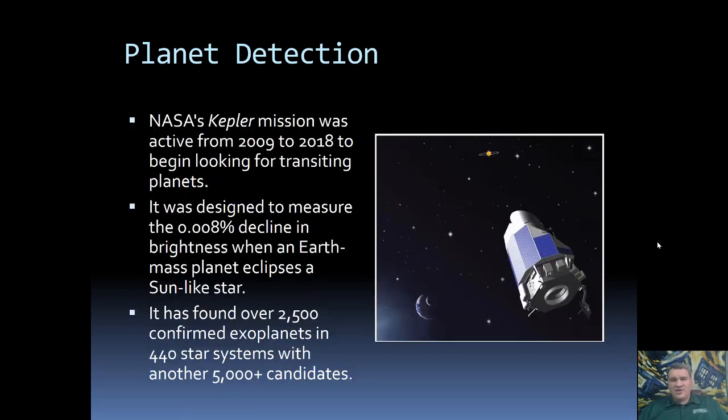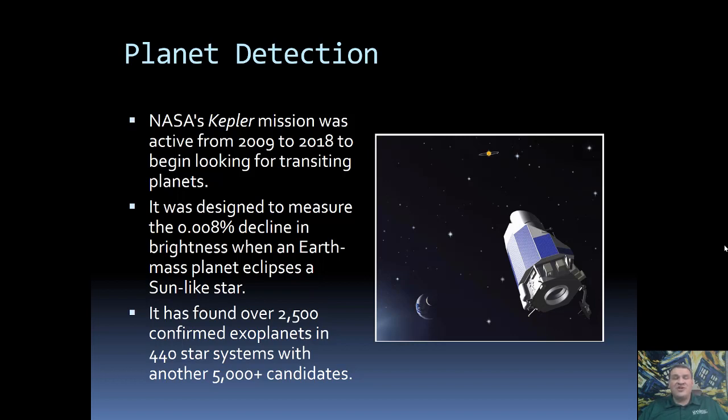The Kepler mission, which ran from 2009 to 2018, used the transit method to find extrasolar planets. It was actually designed to measure the 0.008% dimming of brightness from an Earth-sized planet going around a sun-like star.